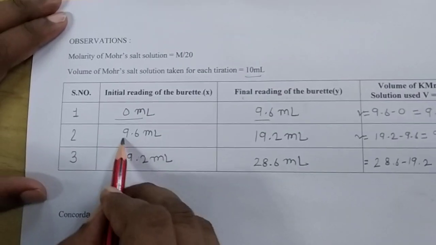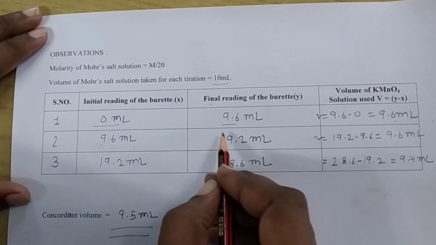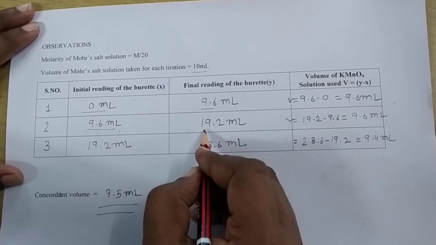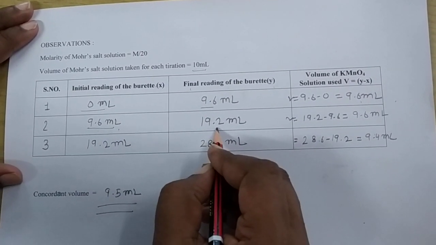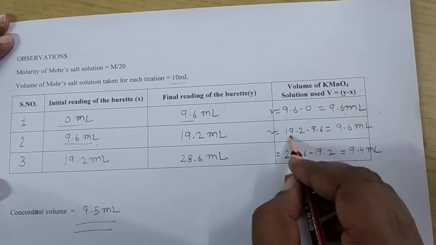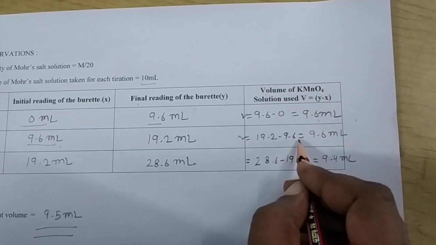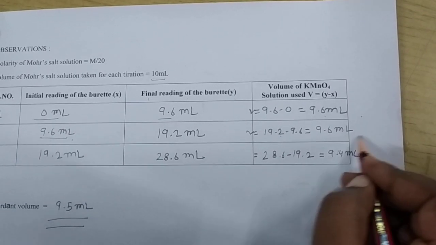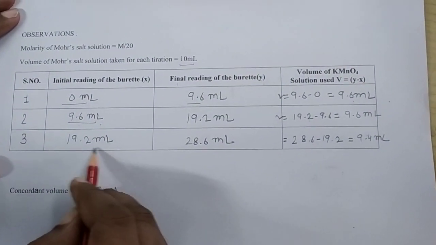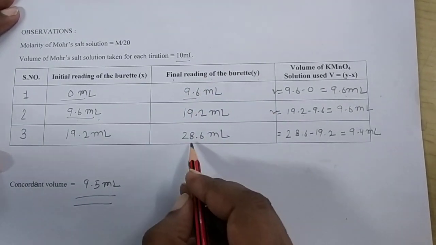Now for the second reading, the initial reading is 9.6 and the final reading on the burette is 19.2 ml. Subtracting 9.6 from 19.2, we received 9.6 ml. Here is the third reading: the initial reading is 19.2 and the final reading is 28.6 ml.